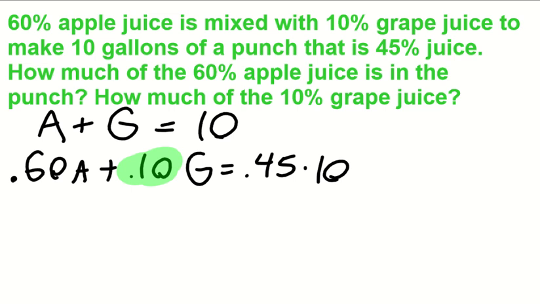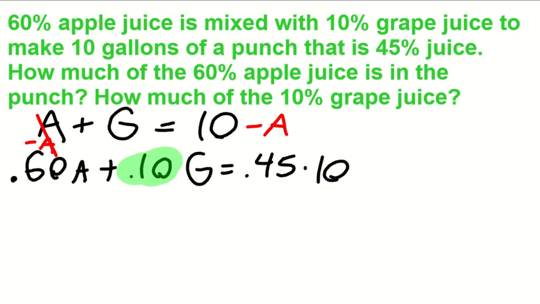So G has the smaller coefficient, so I want to subtract A from each side. The reason I do that is if I make the larger one what it's equal to, you're going to end up with negative numbers. You'll have negative coefficients. When you do the subtraction, you'll have a negative number over there. It's just going to make it more you got to keep up with because you got negatives.